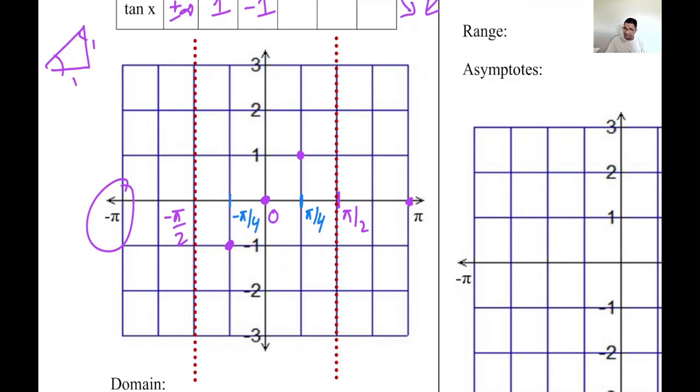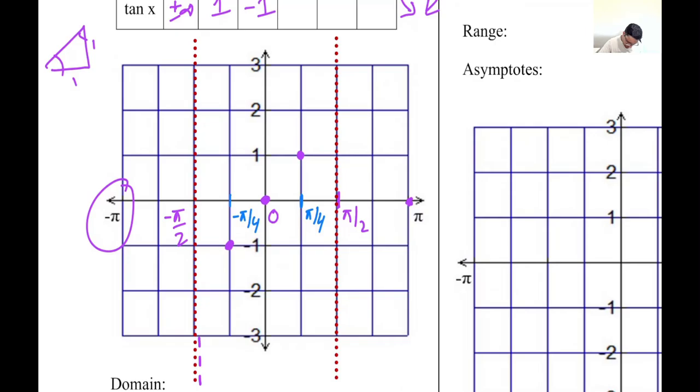So now you have to think of a graph. What kind of graph? Which is asymptotic to these two dotted lines and goes through these 3 points. We're getting an idea, right? And if you have been getting this idea, you are right.